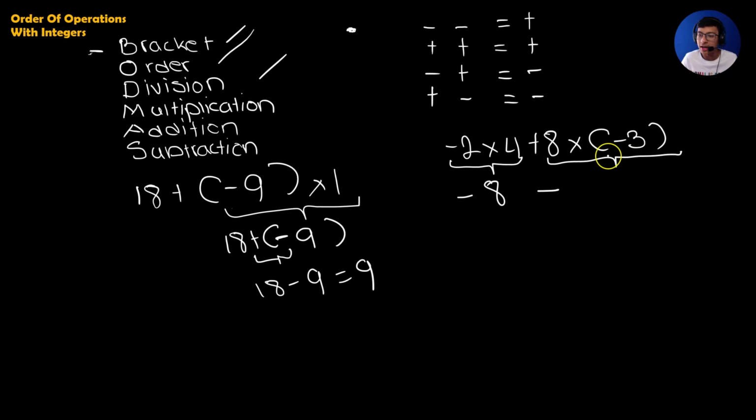And 8 times 3 equals 24. So we have -8 minus 24 equals -32.